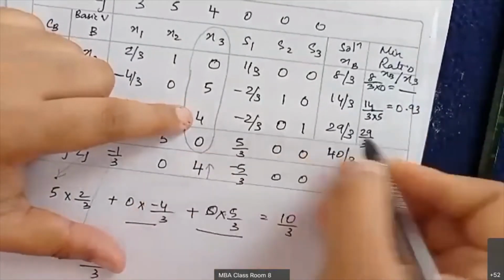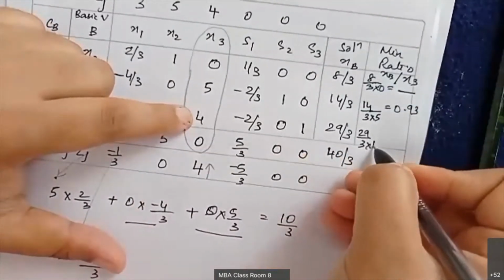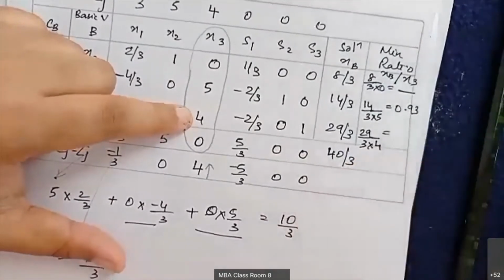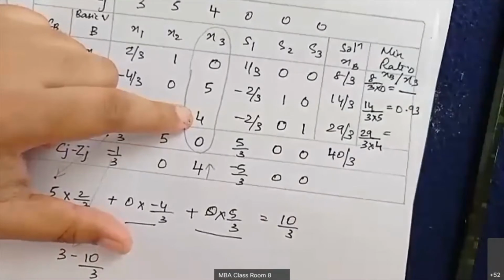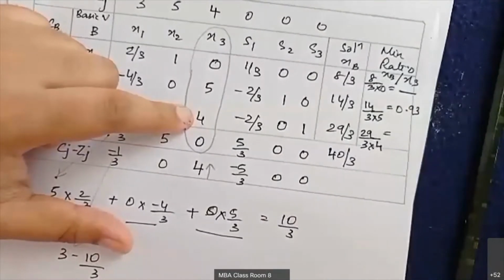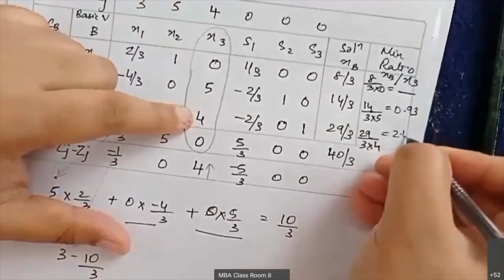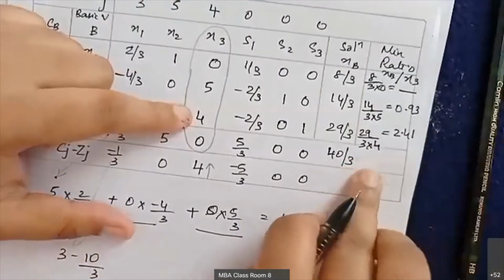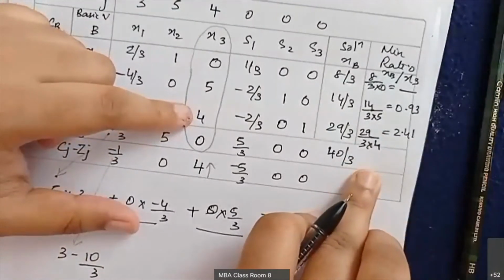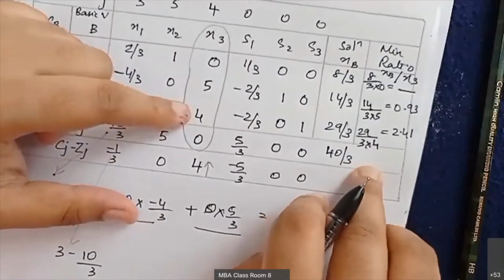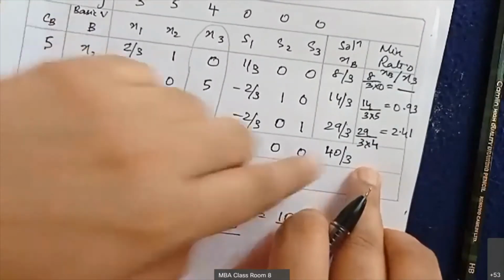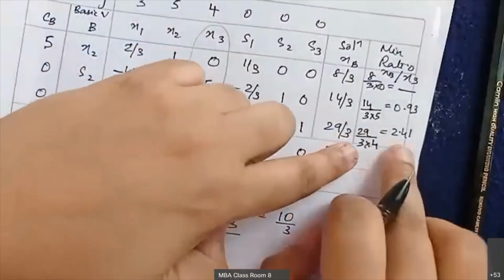Instead of writing divide, I am writing multiplied by 4 in the denominator. 29 divided by 12 is, in the calculator, 2.41. Over here we have 2.41.